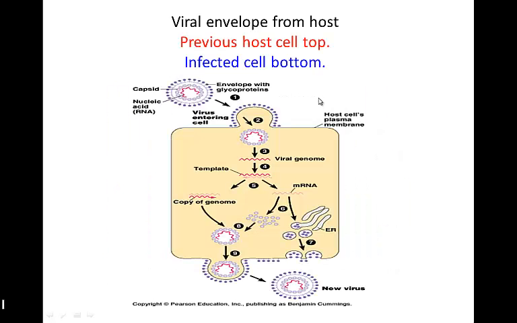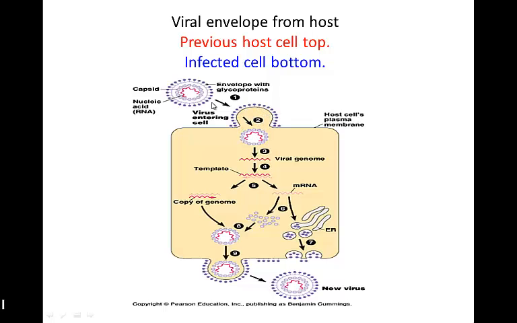All right. Now, let's see. So here's another picture. Here's the RNA inside. Here's the capsid around it, and then if it has an envelope, here's the envelope. You can see it's attaching to the host cell's plasma membrane.